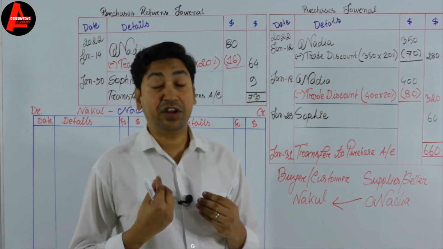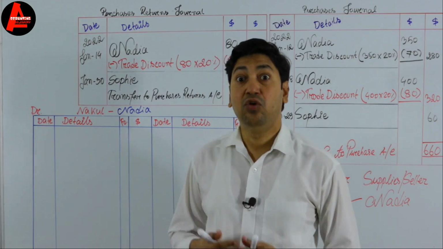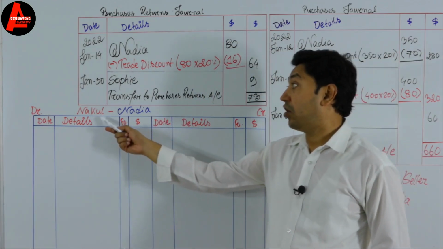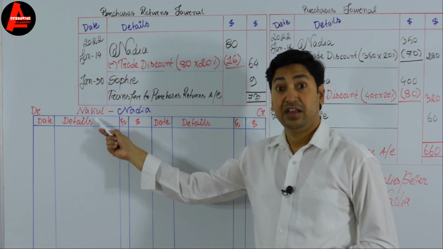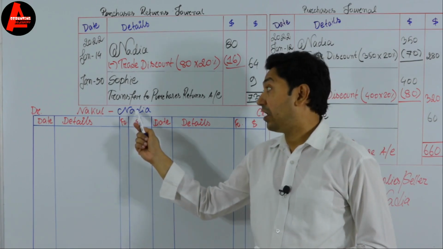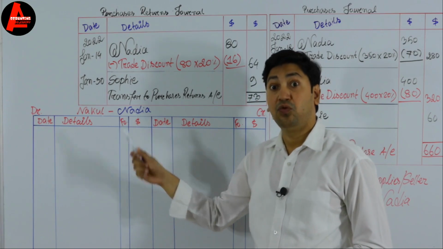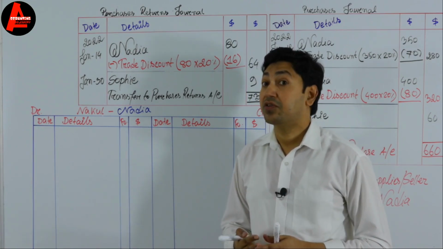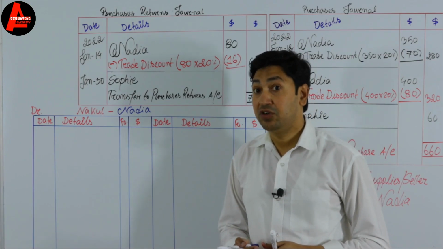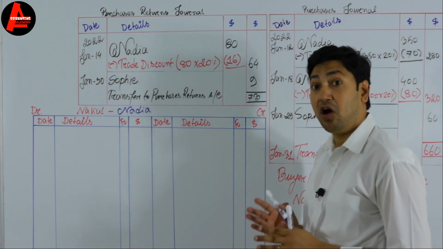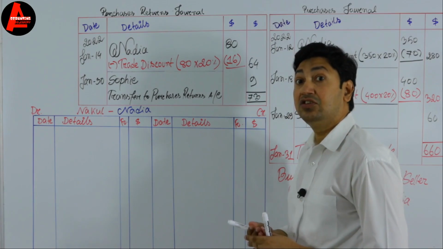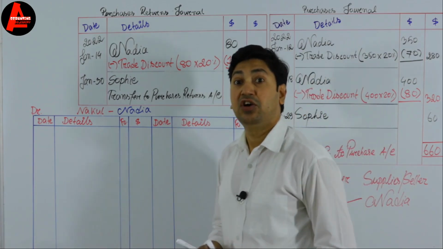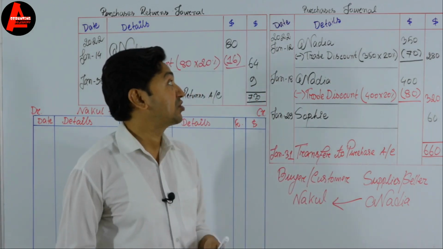So our requirement is clear. We need to prepare Nadia's account in our book, balance it, and bring down the balance on 1st February 2022, as we have all the transactions in January 2022.